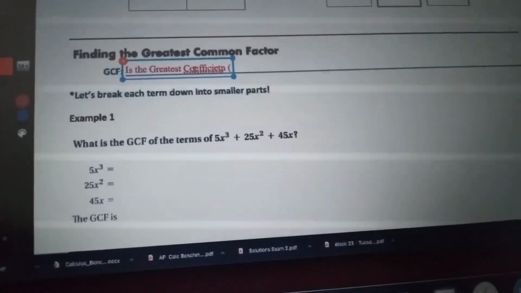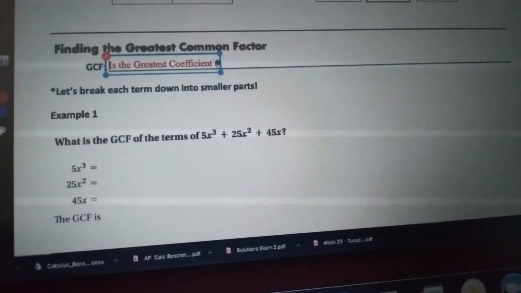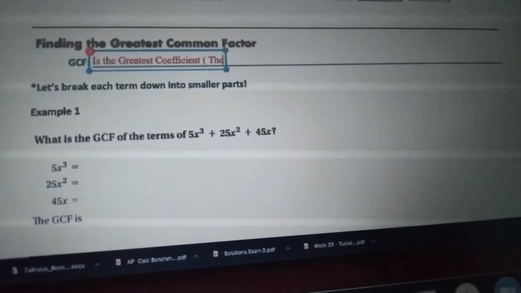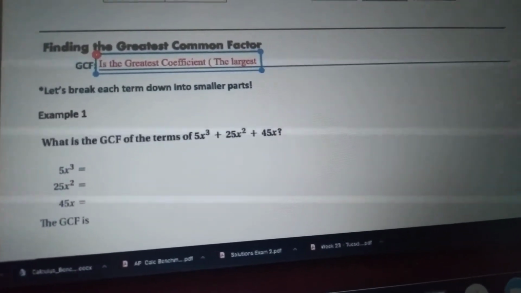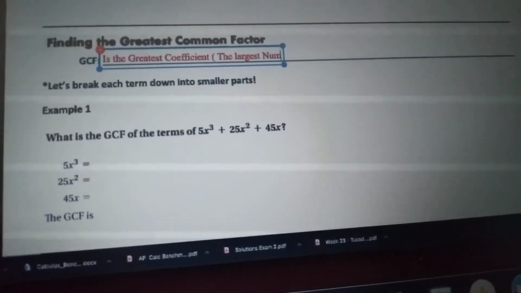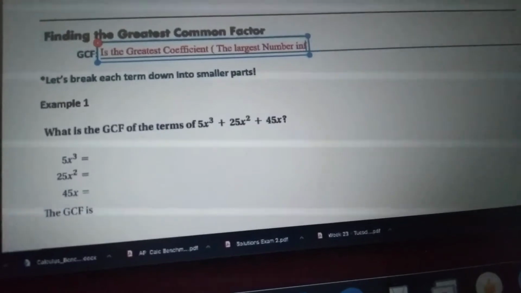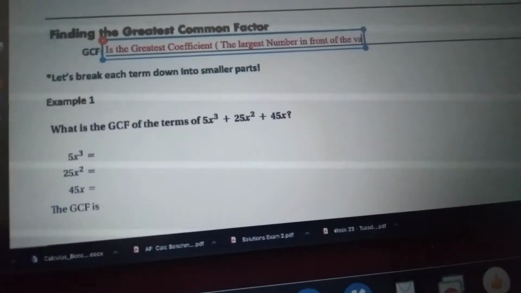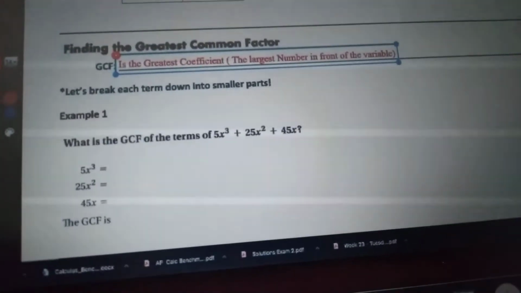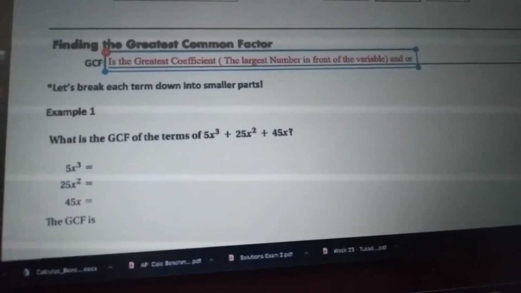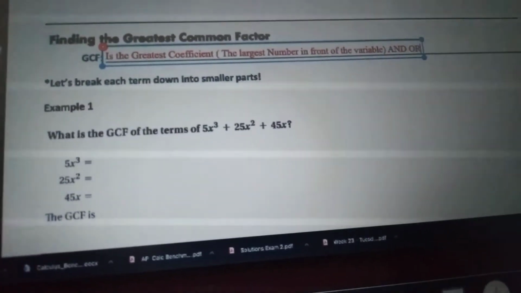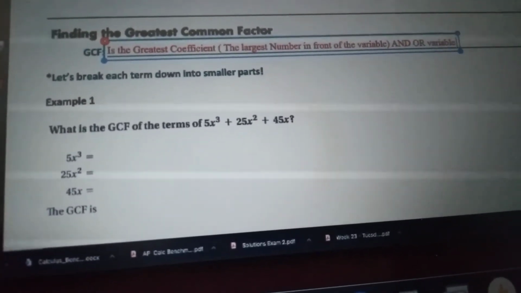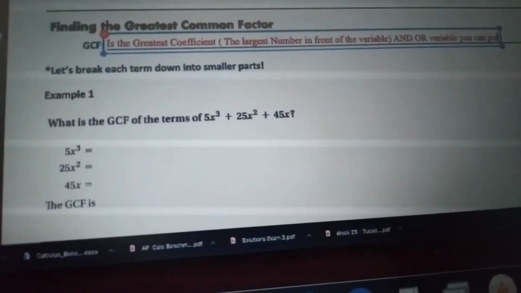It is the largest number, located in front of the variable. So it is the greatest coefficient and/or variable that you can pull out.